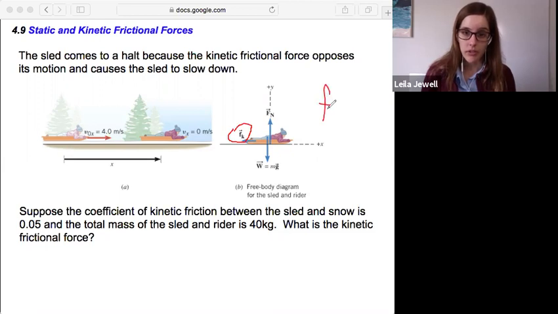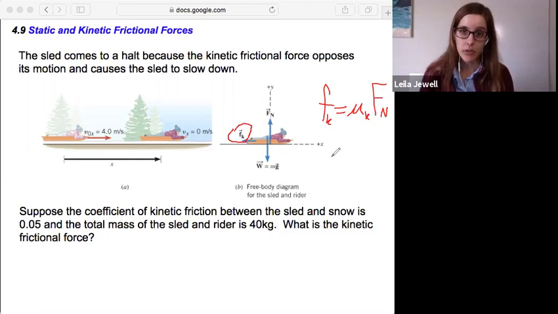The magnitude of F sub k is equal to the coefficient mu sub k of kinetic friction times the normal force. Now, in this instance, for the normal force, we note that it is opposed only by the weight of the sled and rider, right?